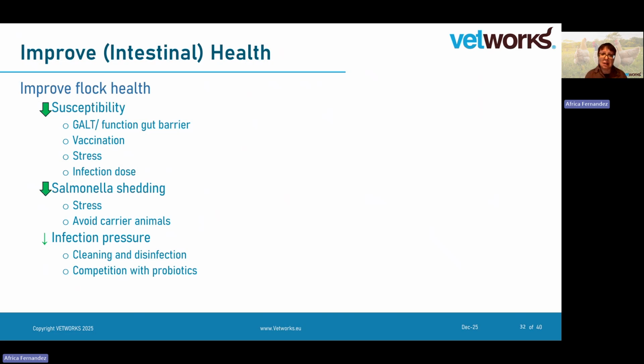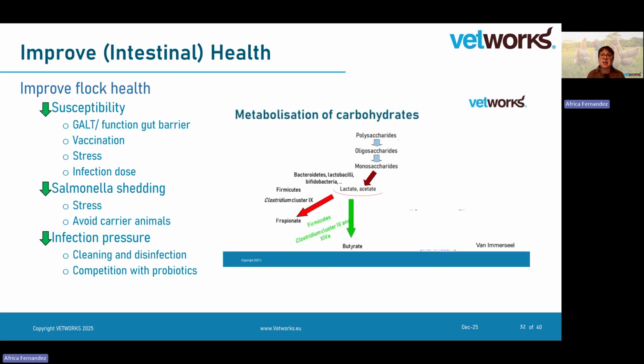That means we need to reduce the stress of the chickens and reduce the carrier animals, the contact between the chickens and these animals that could be infected. And reduce the pressure: cleaning and disinfection, fumigation. I cannot highlight enough how important this is. Competitive exclusion could also support intestinal health.